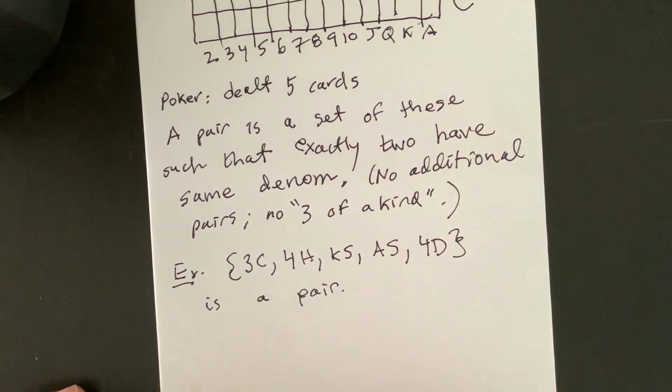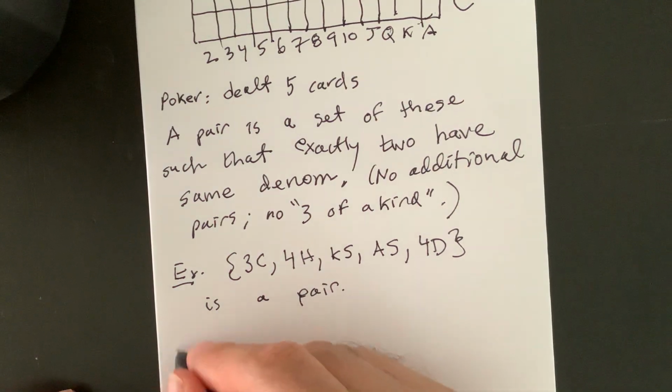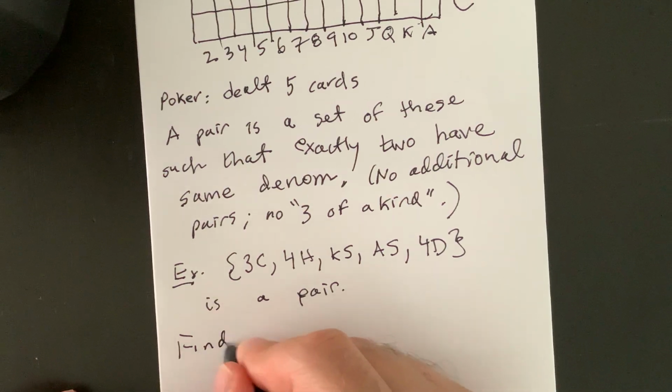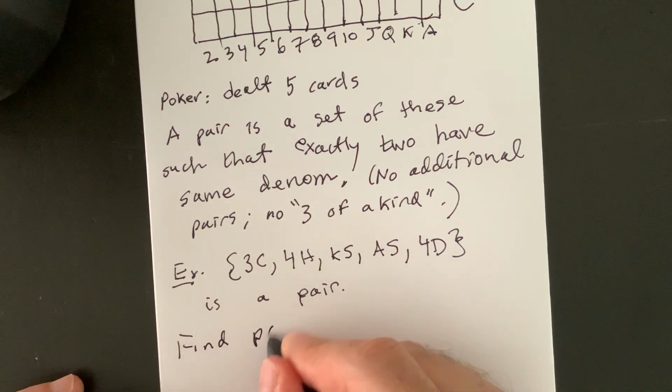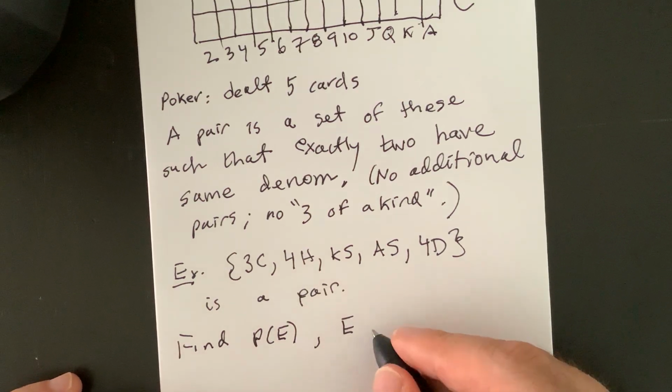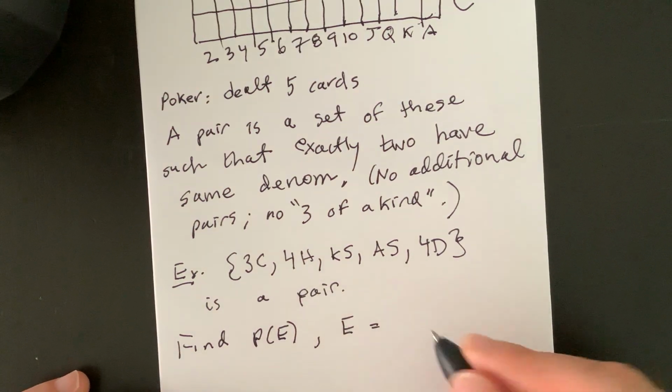Okay, so let's say, find the probability of E, where E is the event that E is a pair.